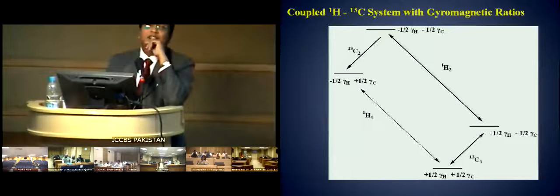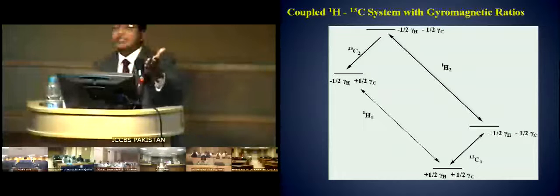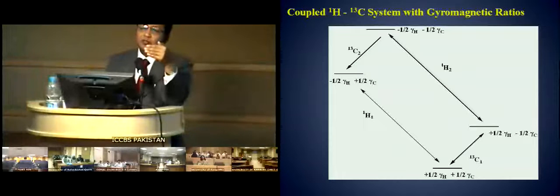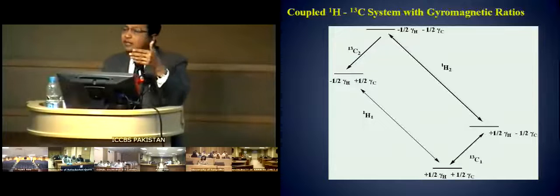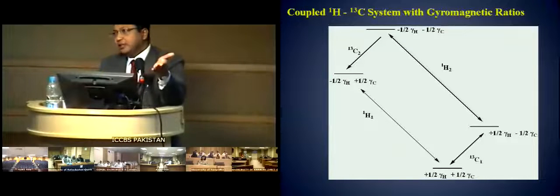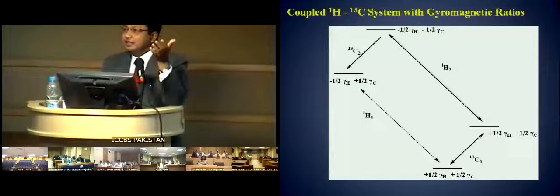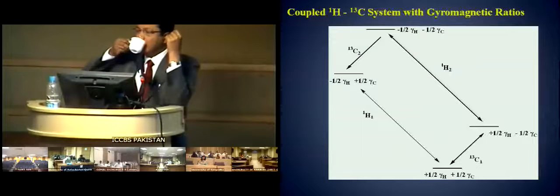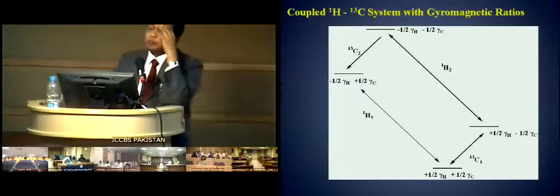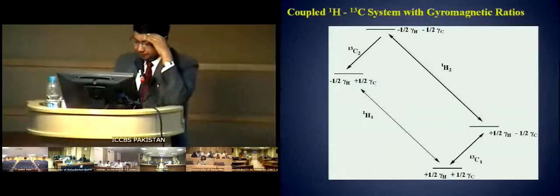But I can tell you, you are doing this polarization transfer because you want to increase the intensity of carbon. The peaks which are not visible are very poor under ordinary circumstances. They can be made visible with this technique.